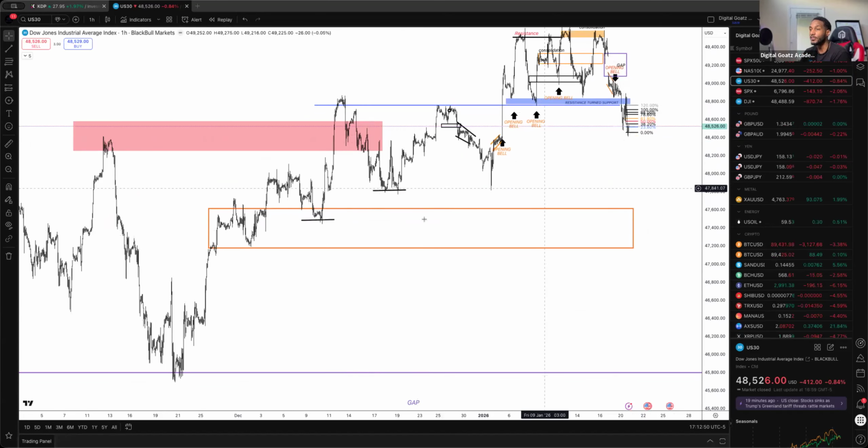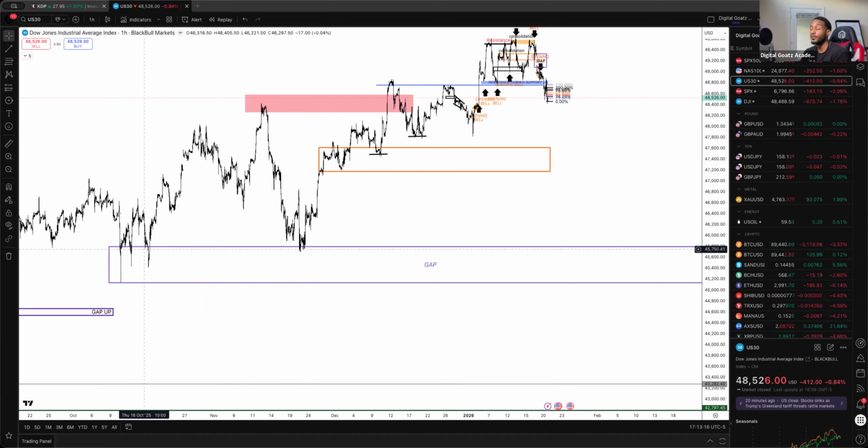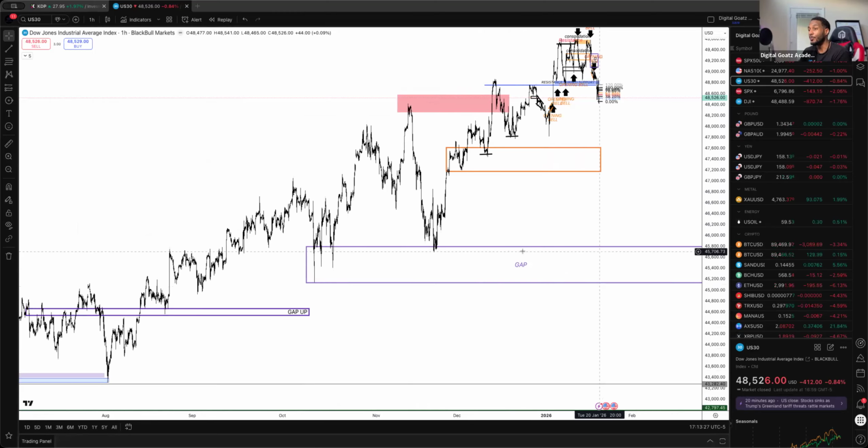So that gap that was made when, what was this? When Trump did that 100% tariffs on China, that was around October. So I think that we're going to finally fill this gap, and then from there, we'll have to assess the market. I think from there it's any man's game if we get it to come down by February.